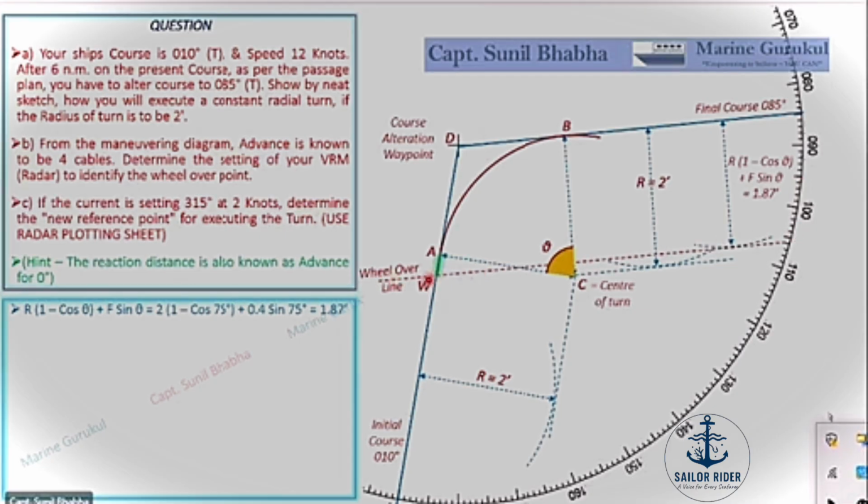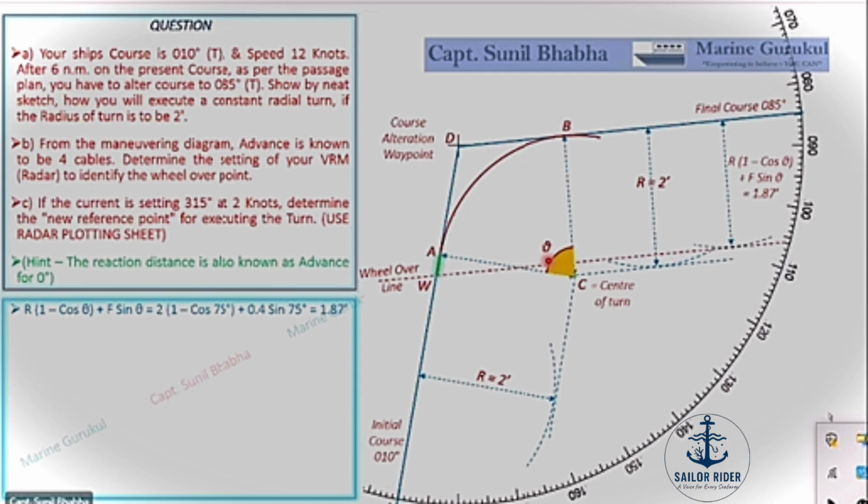Wherever this line cuts the initial course line, that will give you the wheel over point W. So if you use the calculation method, you can obtain the point W, whiskey point, as well as the wheel over line without doing any plotting on the chart. Both of these are independent methods. They are independent of each other, and any of them can be used as per your requirement.